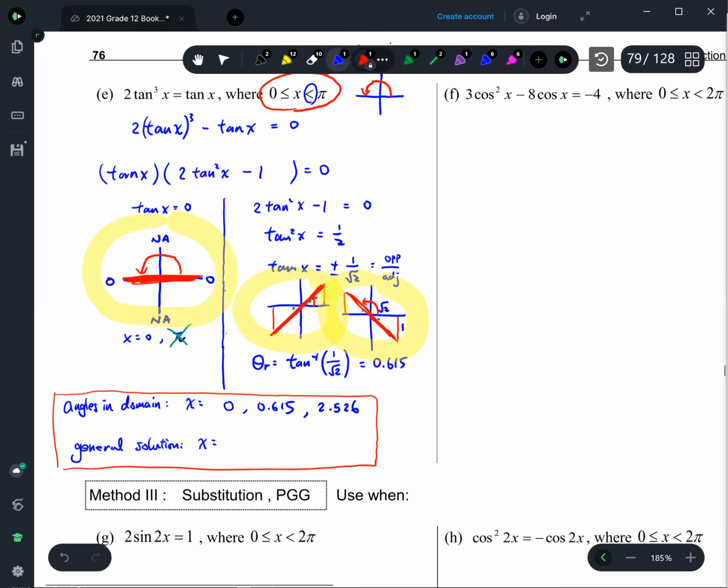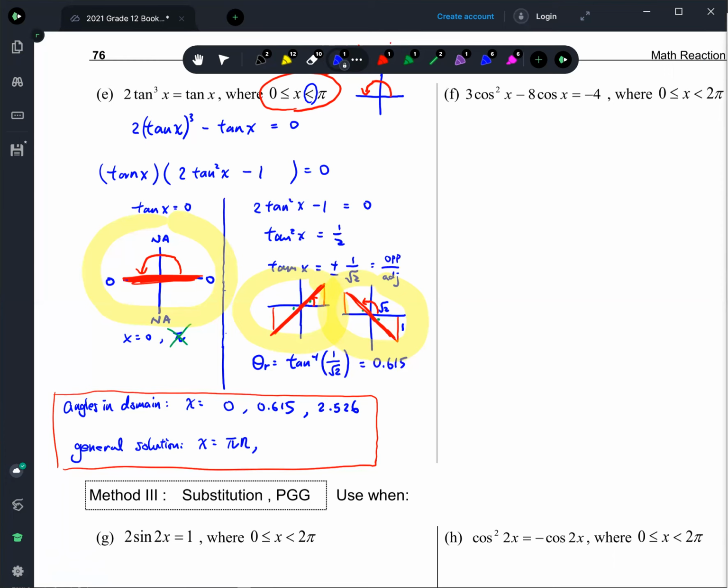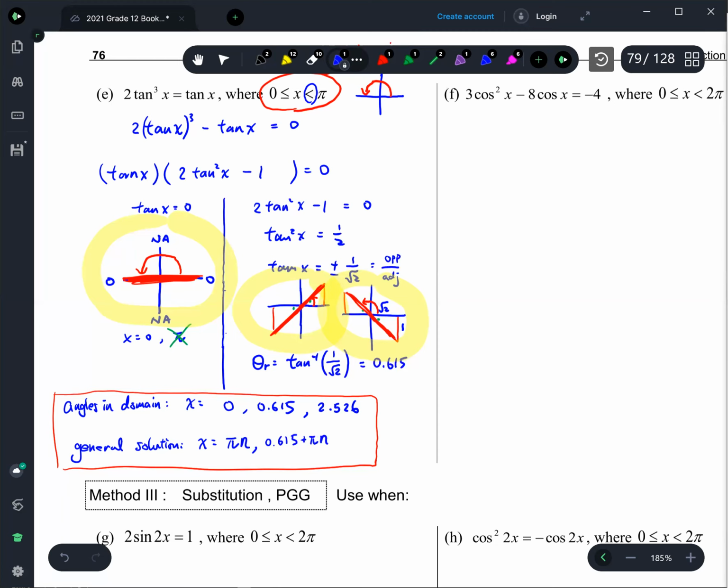So for the left side, you have 0 plus pi n, so you just have pi n. And then for the second picture, you can start with 0.615, that's in quadrant 1, plus pi n. That will cover quadrant 3.